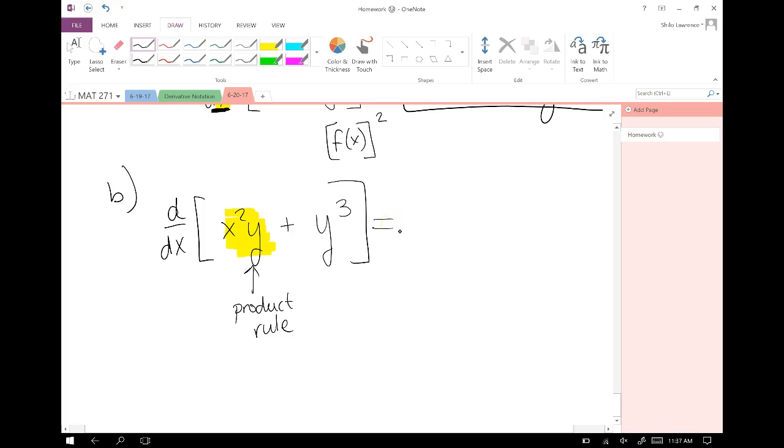We're almost done, guys. 2x. And we're going to match it up with the original of the second. So just times y. And then flip-flop. Original of the first, x squared. Derivative of the second, dy dx.